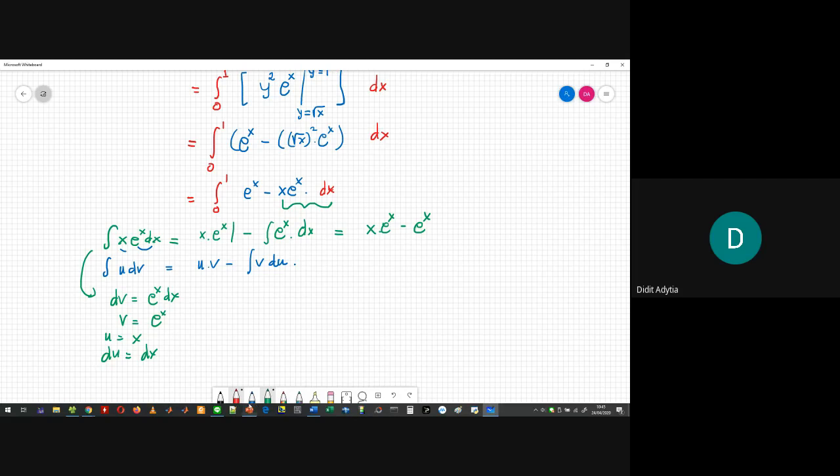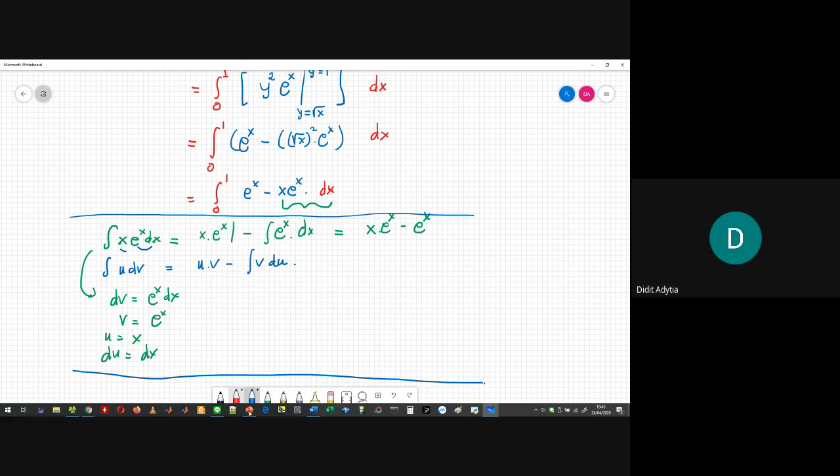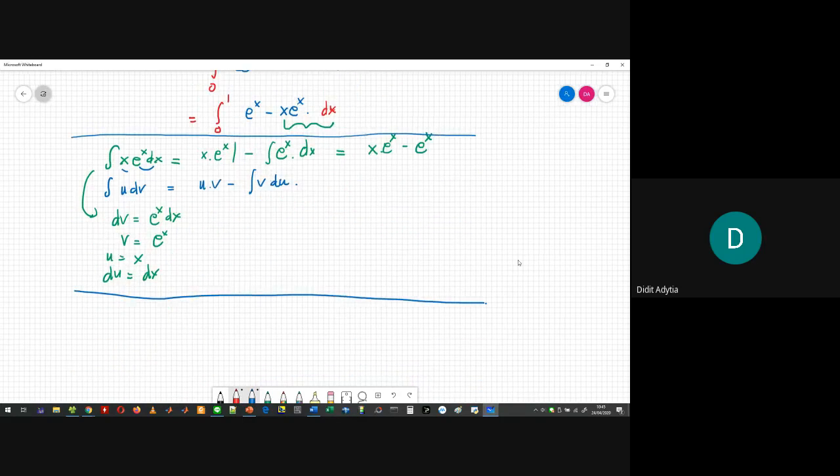Okay. Saya pakai warna biru untuk ini intermezzonya. Okay. Now I will continue to this one. Now we have actually yang part pertama e^x berarti integralnya adalah e^x minus dari yang ini, oke?